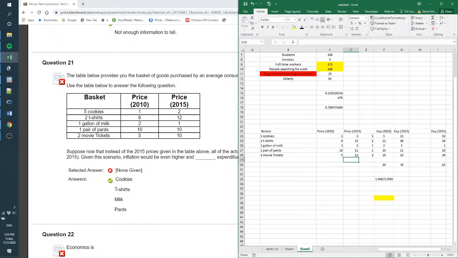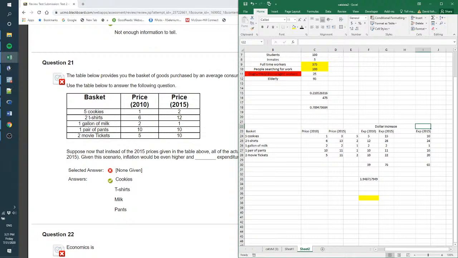It just increased by $1. So we can look at here and compare the updated, so dollar increase, to the original. And what we see here is that our cookies expenditure went from 10 to 15, even though the price of cookies only increased by an additional $1.